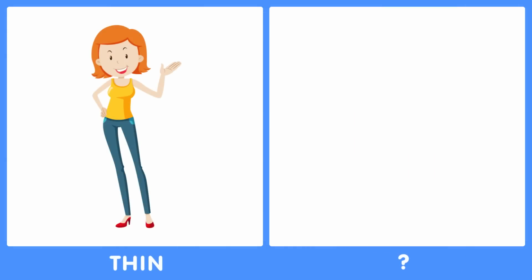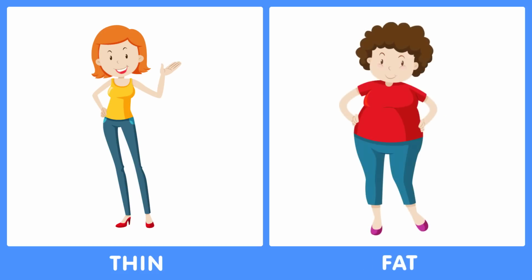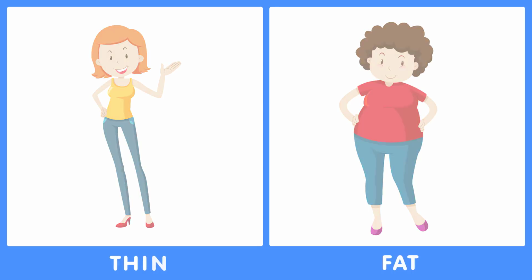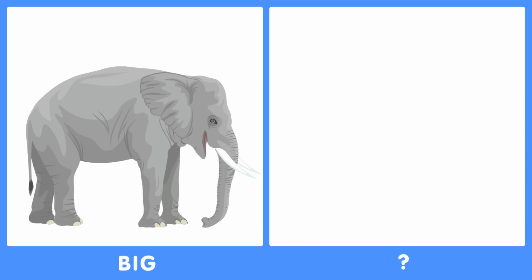The next word is thin. The opposite of thin is fat. The next word is big.